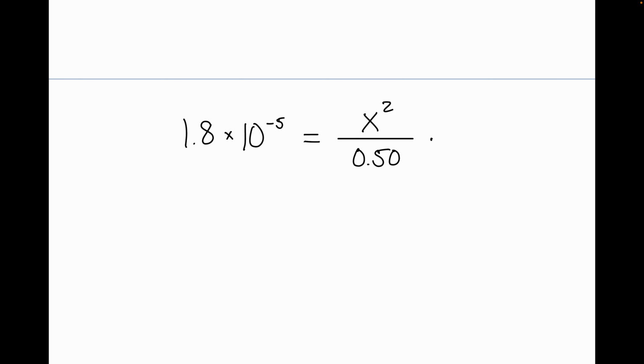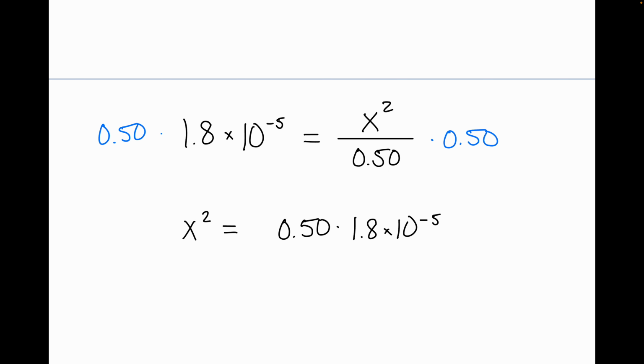All right, so in order to get x all by itself, I need to take this equation and multiply by that initial concentration of 0.05 molar. All right, so now I get x squared equals that concentration times that Ka value. And I can get rid of that square by doing square root of both sides. Right?